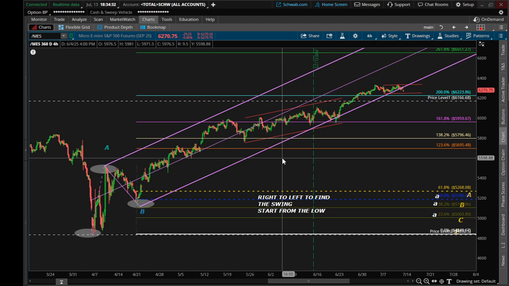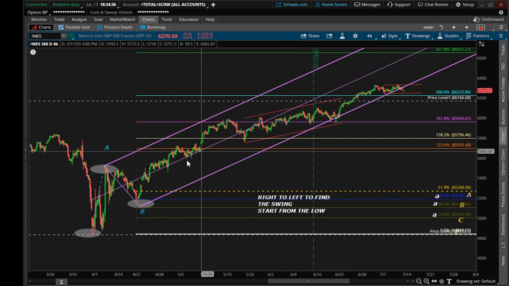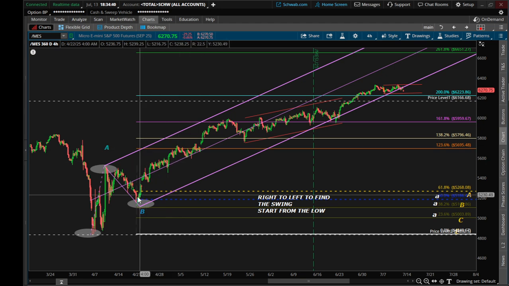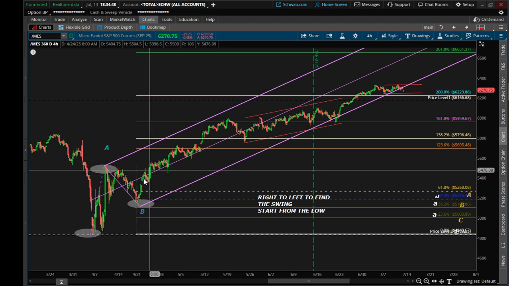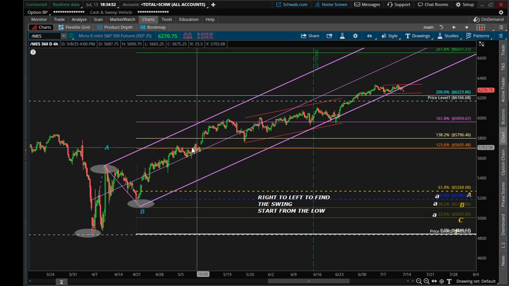So usually to find my C leg, I start from when I find my B, and as the move is progressing, the very first fib that it hits, the way it reacts to it will determine if I need to figure out if that move is done.